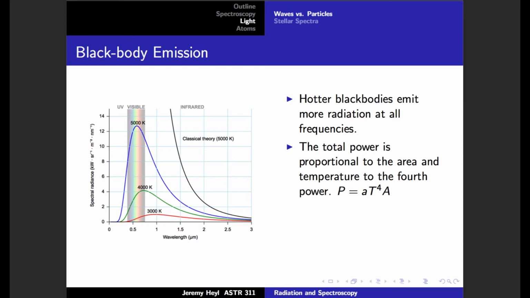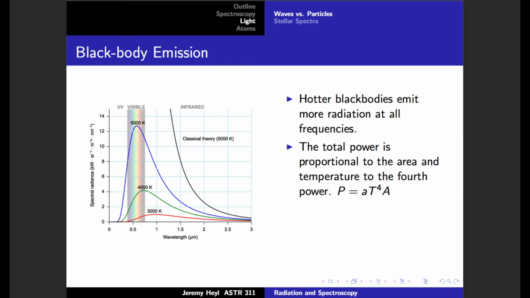And when you think about what these black bodies do, the power that comes out of the black body is some constant, which you don't really need to know, times the temperature to the fourth power. So when I double the temperature, when I go from 2,000 to 4,000 degrees, that nail got 16 times brighter.